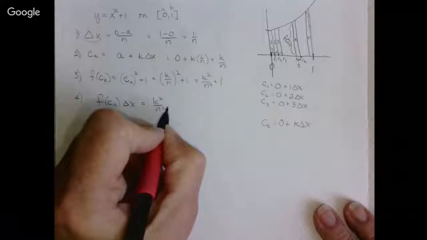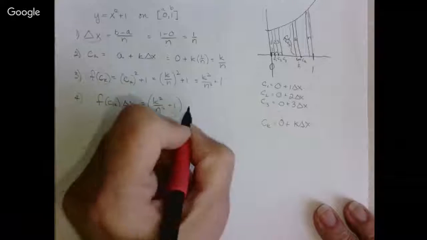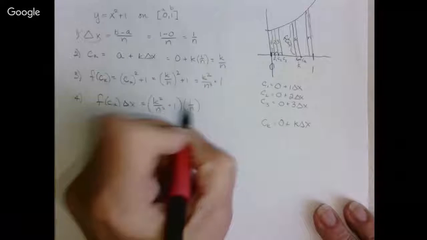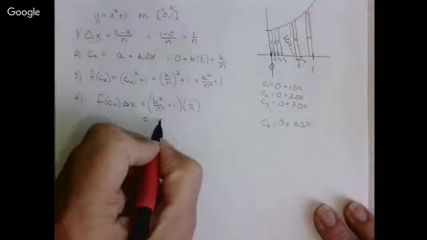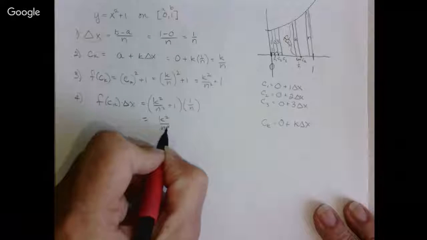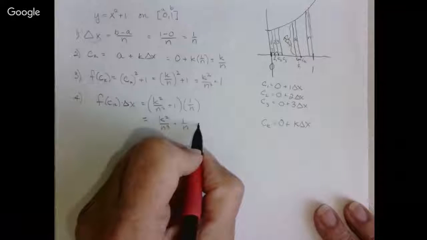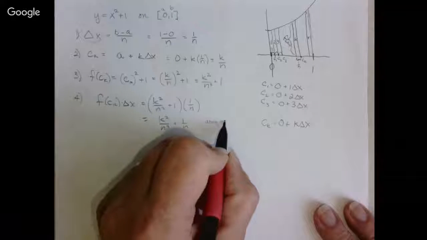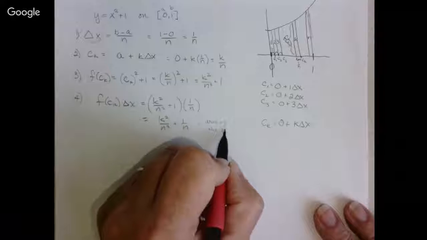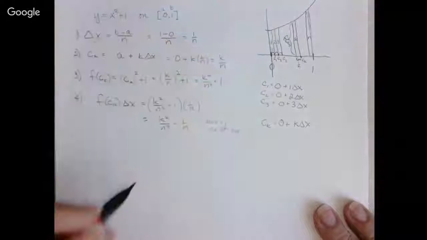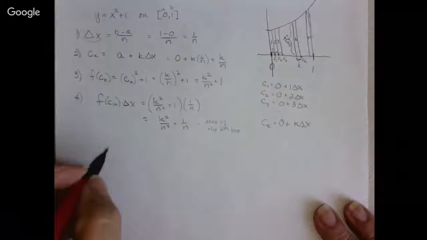It's k squared over n squared plus 1, and delta x is 1 over n. So multiplying, I get k squared over n cubed plus 1 over n. And this represents the area of the kth box, whatever box it is. So this box, or this box, whatever k is.